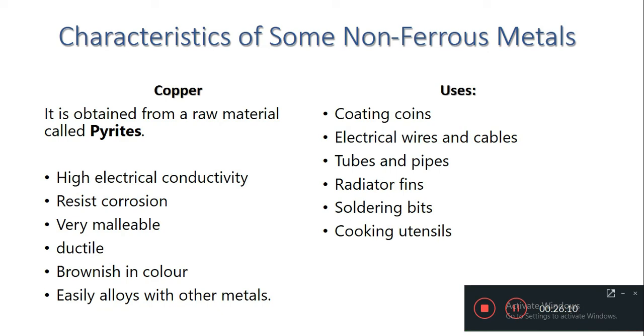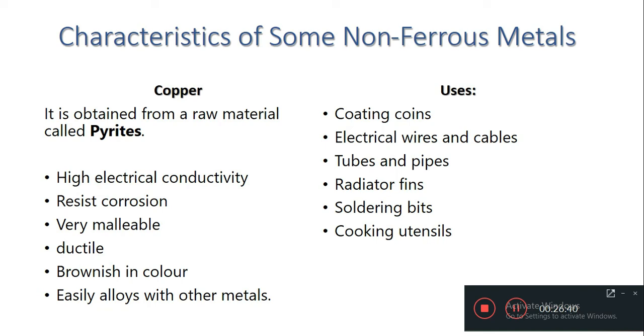For coating coins, like the 1 pesewa coin that is normally used at the big shopping malls. We normally don't see it in our local market, but we have coins that have metal coating. We use copper for electrical wires and cables.